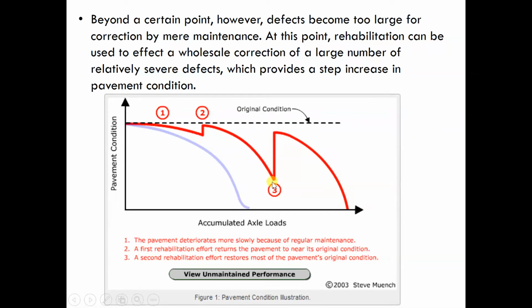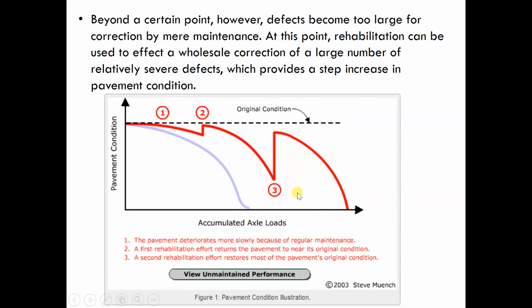The pavement condition is much worse than the first time, so it's more costly to bring it up to good serviceability. But probably it cannot be brought up to the new condition, so it will not be as good as the first rehabilitation. And after that, with time, it will bring the pavement to the end of its life.